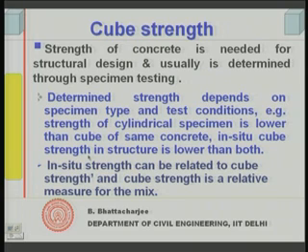So, in India as per IS 456, we determine the strength of concrete through cubes. In North America they determine it through cylinders, but both can be used in designing the same structure, because the strength of concrete in the structure, a hypothetical cube strength in the concrete structure, can be correlated to cube strength or cylinder strength.